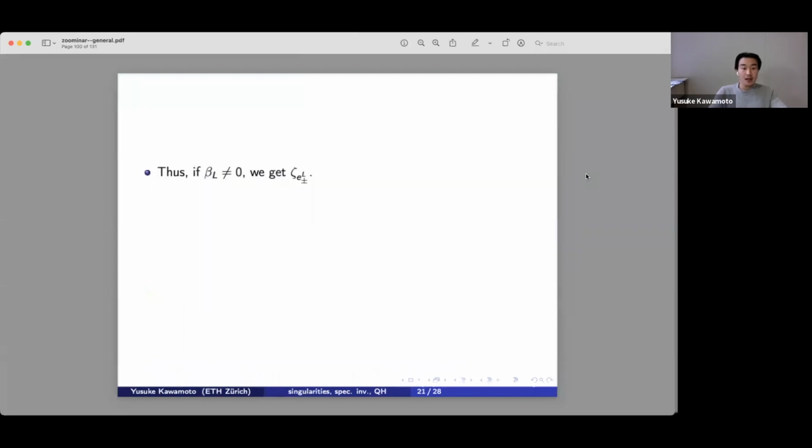Okay. So to summarize the previous slide, if this coefficient is non-zero, so if the class L is not nilpotent, then you get two units of field factors, which gives you two Entov-Polterovich asymptotic spectral invariants, zeta of E_L plus and minus.